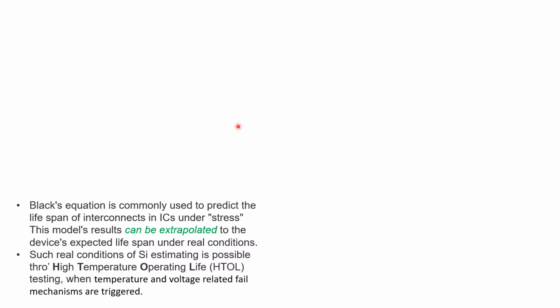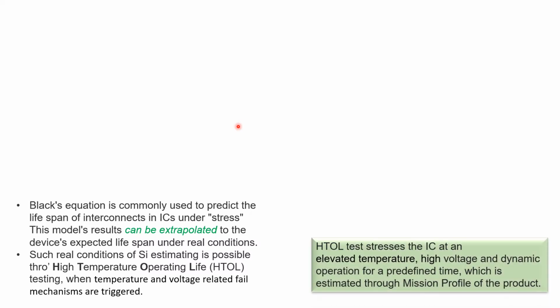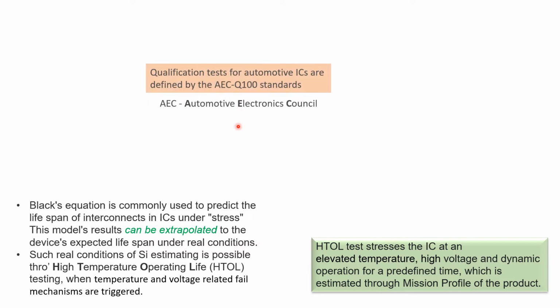So what is done is the device is taken through elevated temperature and higher stress voltage, and then it is taken through the mission profile of the product. This is done to ensure the qualification standards.